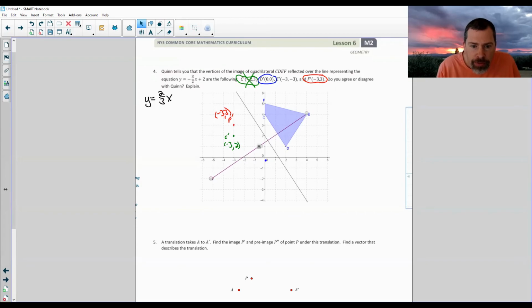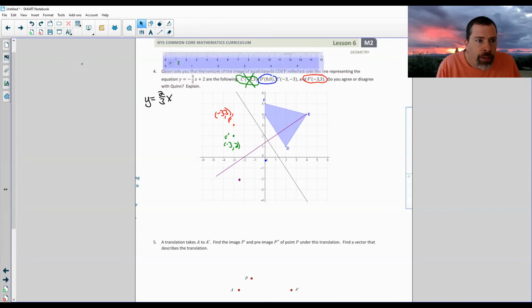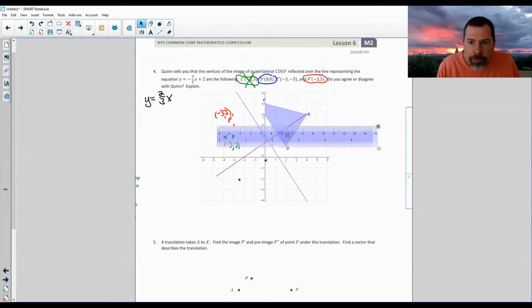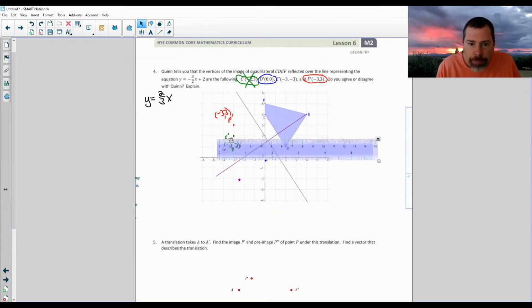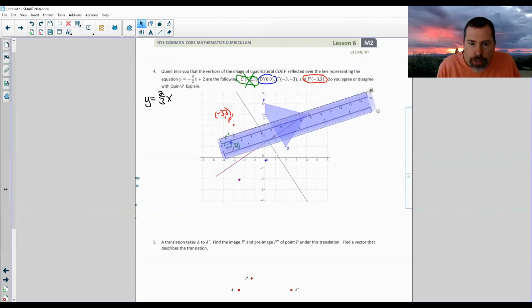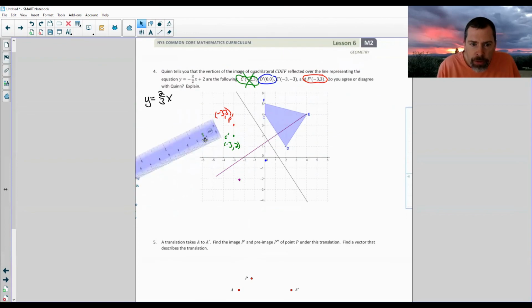This point that I put here needs to get moved closer. So I'd have to measure from here to here and then measure from here to here. The only other way I could do it without measuring would be the Pythagorean theorem, but we're not going to do that. So let me rotate this like so.